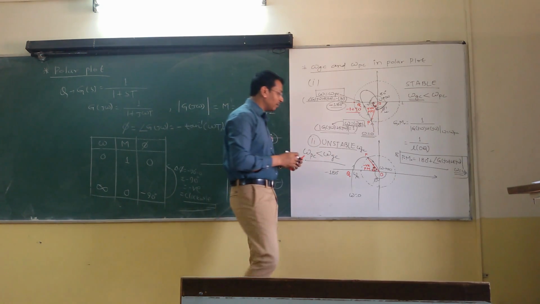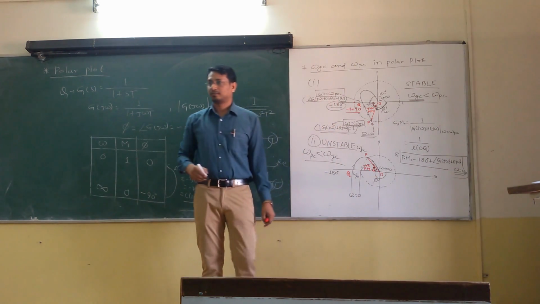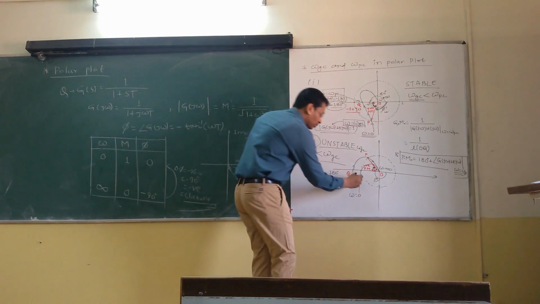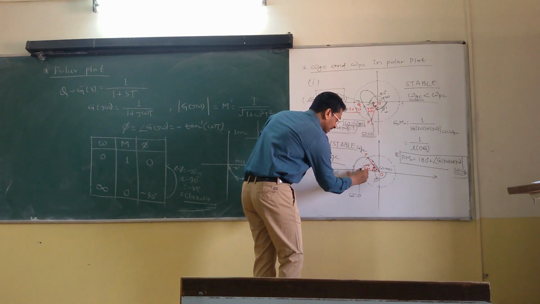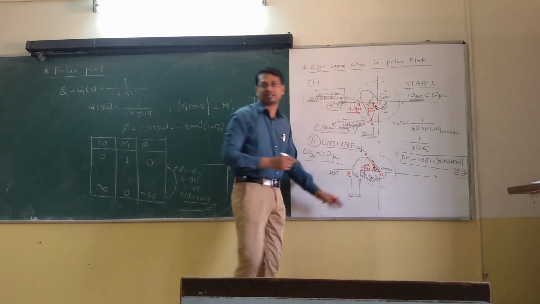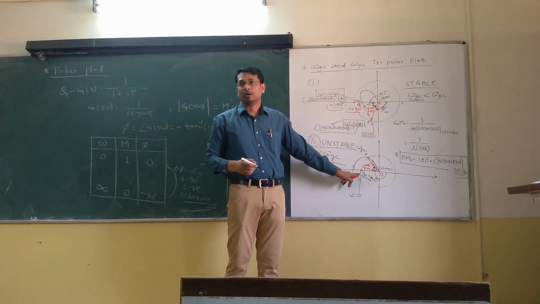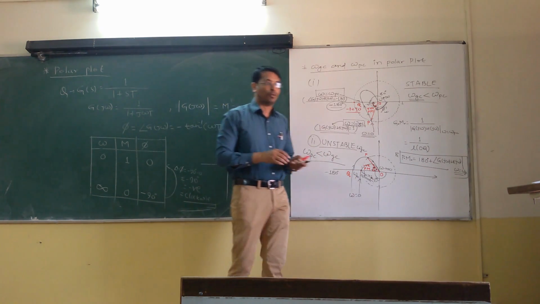Correct? And in the marginal case, it will pass with this. Correct? So when omega GC is equal to omega PC, you can say your system is in the marginal case. This particular curve will pass through -1 plus J0 point.